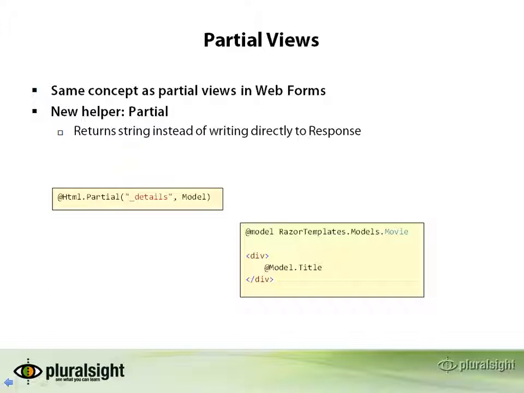What is nice about this new behavior is that html.partial now behaves like the other HTML helpers. It returns a string. It doesn't have to write directly into that response object.